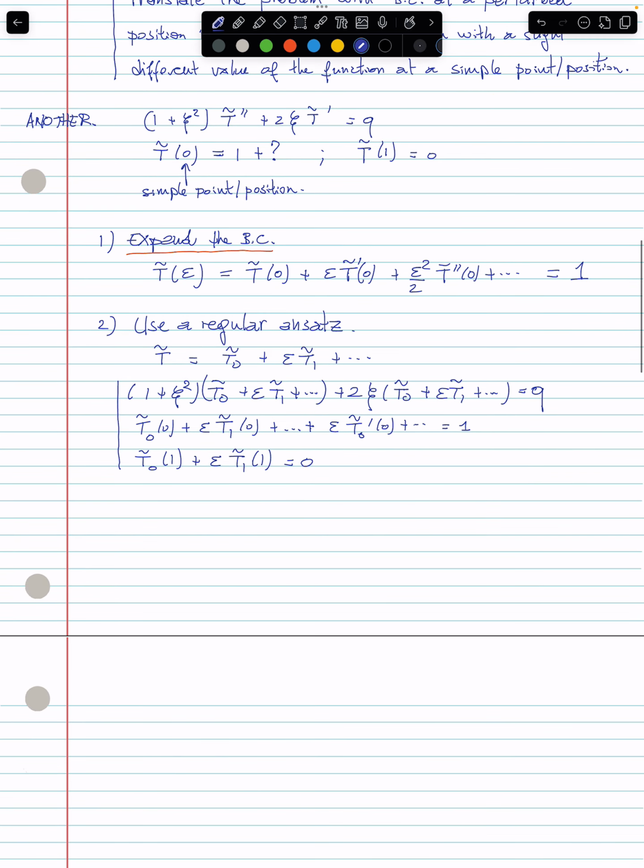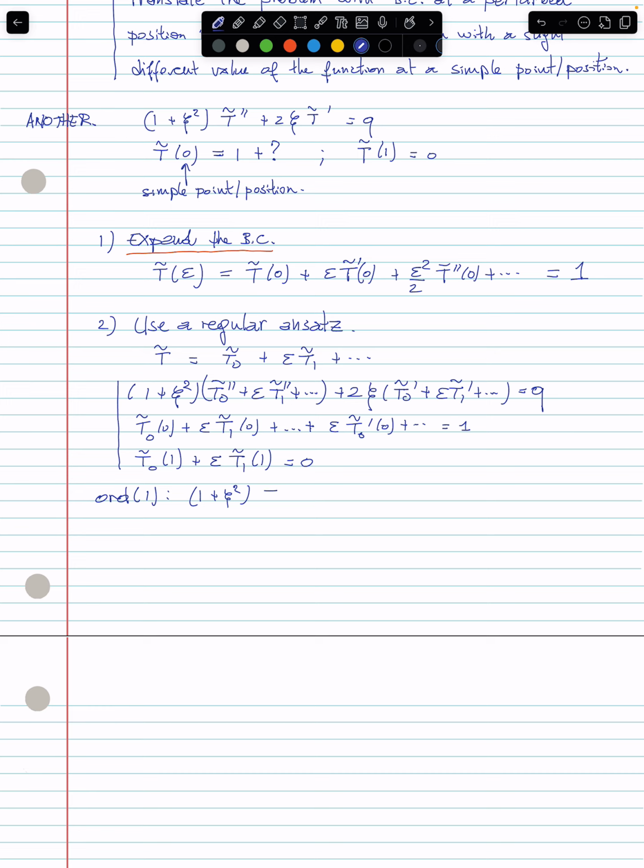All right, and so this gives two problems, especially if we just stop after the first correction. So at leading order, we have the same equation as the unperturbed one. So I'm just going to copy it one more time. Oh, I forgot the derivatives here, I'm sorry.